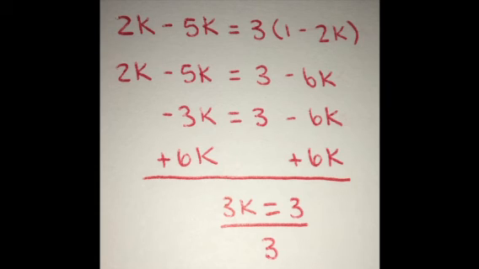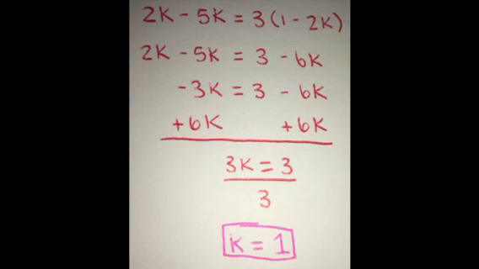Then you're going to subtract 2k minus 5k because they're like terms, and you're going to get negative 3k equals 3 minus 6k. Then you're going to add 6k to both sides and end up with 3k equals 3, divided by 3. The answer you should get is k equals 1.